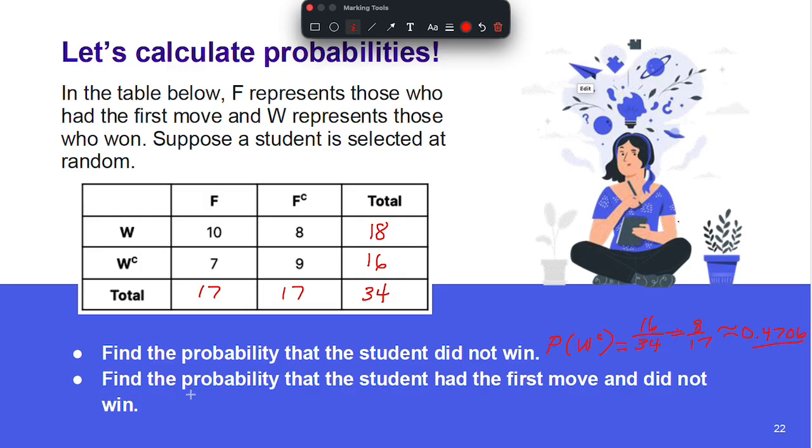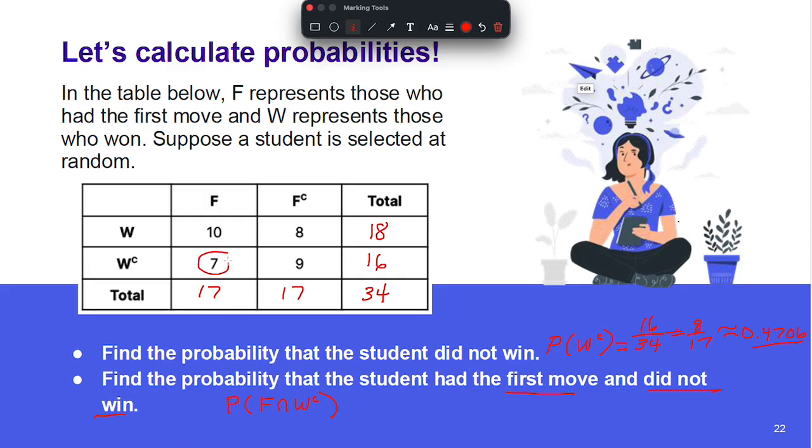Okay. Let's look at the next question. Find the probability that the student had the first move and did not win. Okay. So the probability that they had the first move and did not win. And I'm using the symbols they give us up here. And this is the intersection, so that means both of these had to occur at the same time. This is the probability that they did move first and did not win.